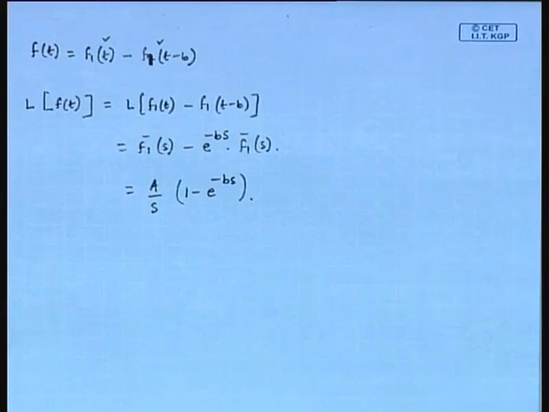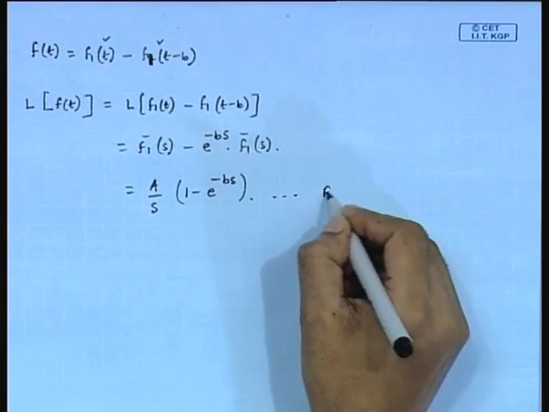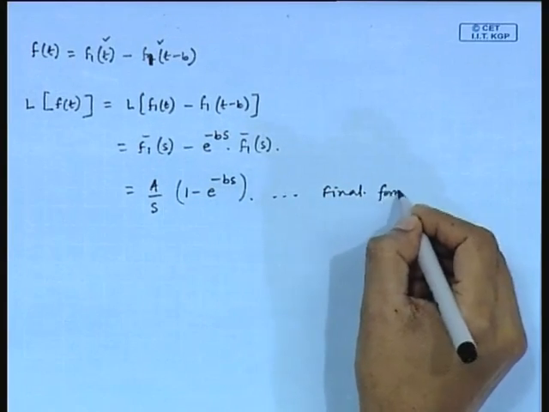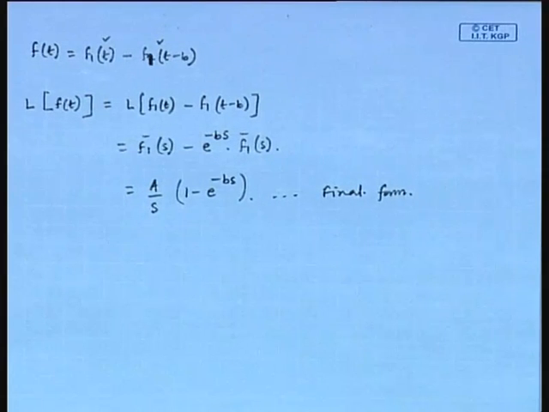This is the Laplace transform of a rectangular pulse function. This is the final form for the pulse function. Now what is an example of the pulse function? Consider a steam valve: open the steam valve at t equals 0, so that q changes by a units, hold at the new value for the duration of b, then return to the old value.